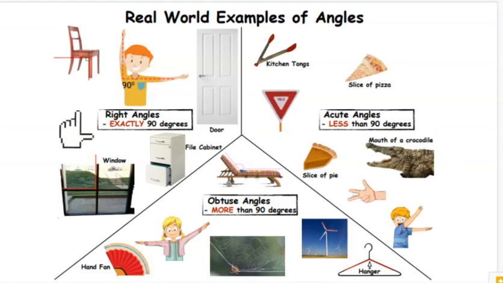All right. So hopefully you were able to identify some different angles around the room. Your next activities are going to be to complete the next two slides in this presentation. When you are done, I need you to make sure that you complete the Google form, and then you also need to submit your slides because I'd like to check over your work.